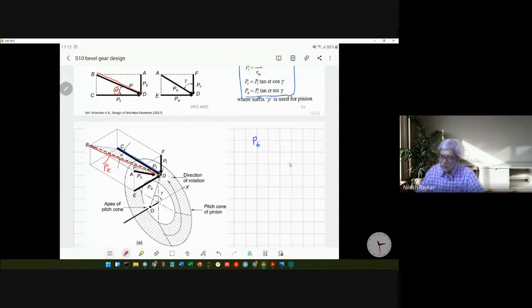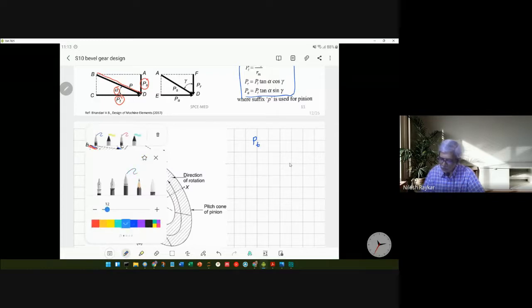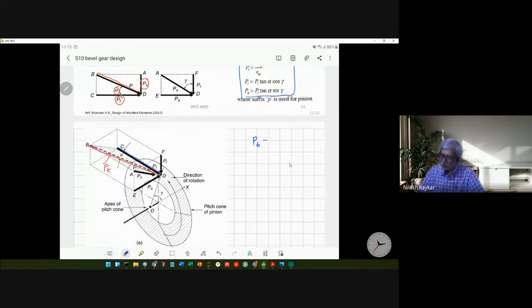So P has to be resolved into two components, PS and PT. I've written here the first expression: what is PT in terms of capital P, and PS in terms of capital P. PS is called the sliding force, and the first one we already know, that is the tangential force.